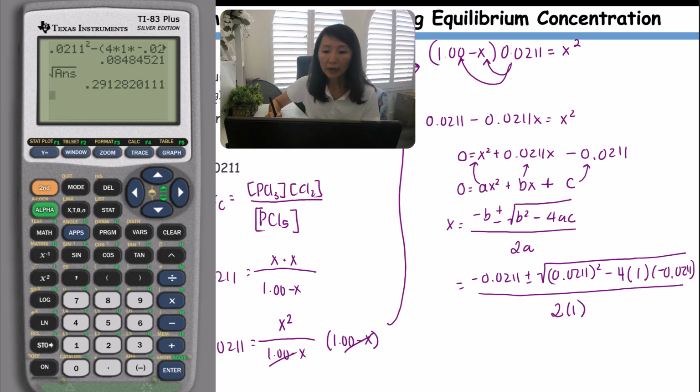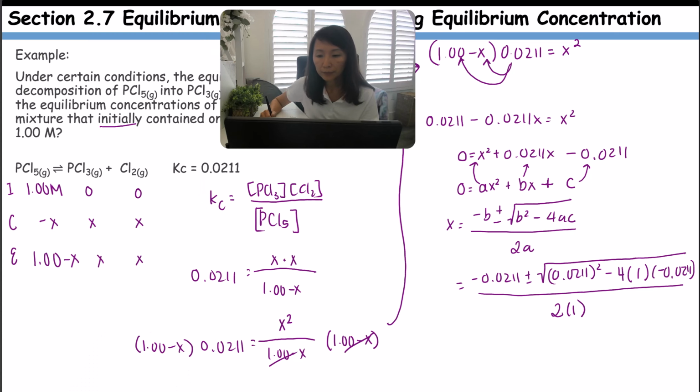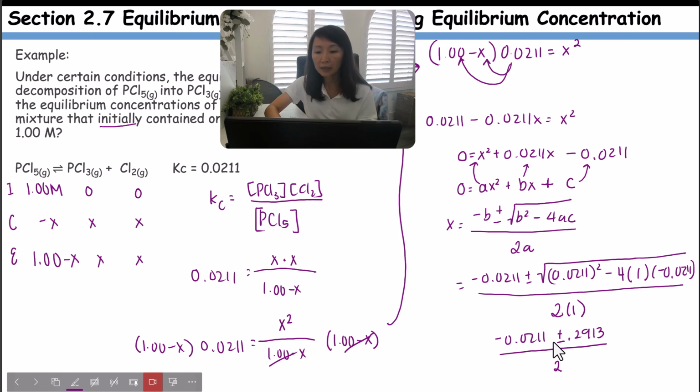So let's go ahead and write this value. 0.2913 plus or minus negative 0.0211, and then the bottom is 2. Now here you're given the option either to add or to subtract.